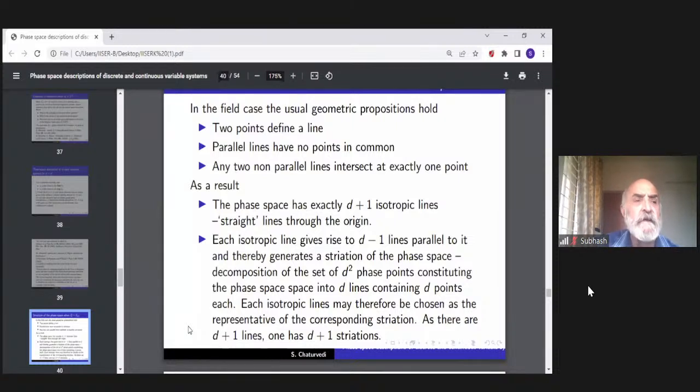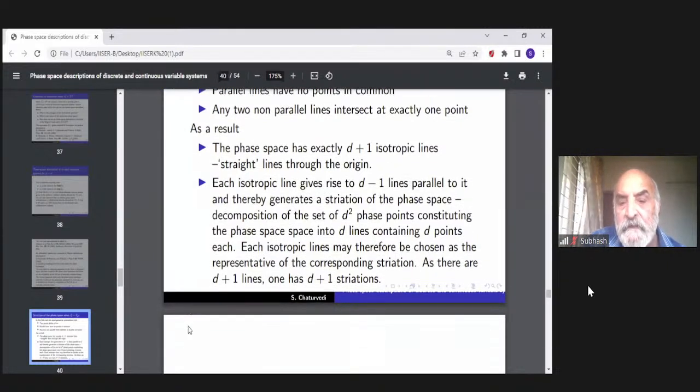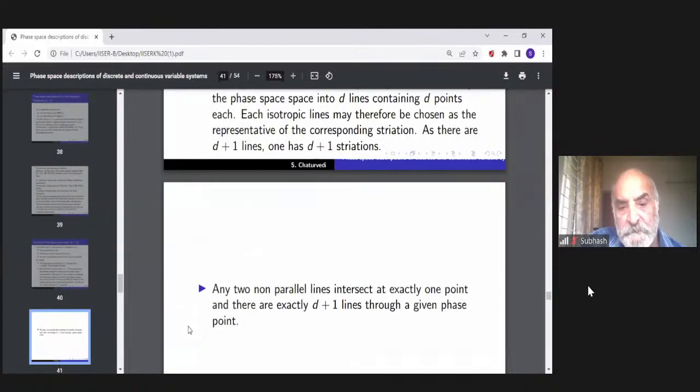Now, for technical reasons, one restricts oneself to odd prime powers. Special care has to be taken when p is equal to 2. These are matters of detail, and it's really not possible to cover them. It would require one full lecture on this Wootters description in the finite case.